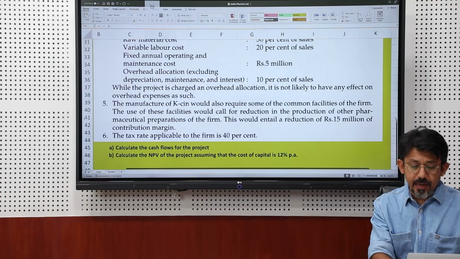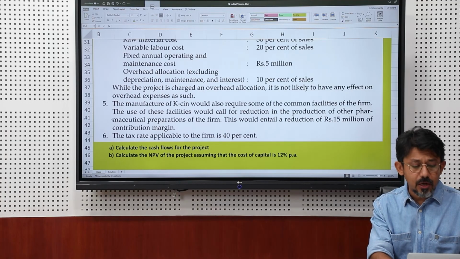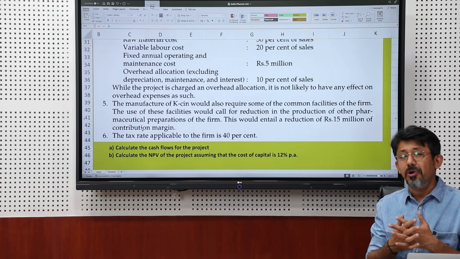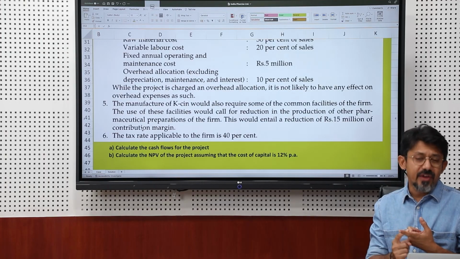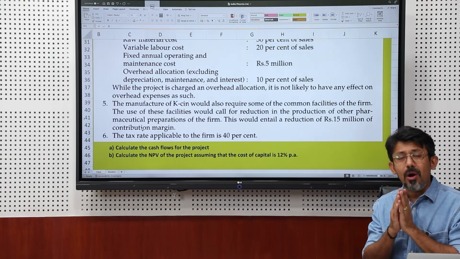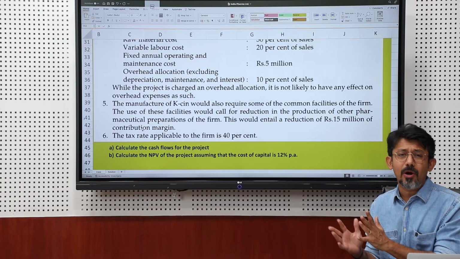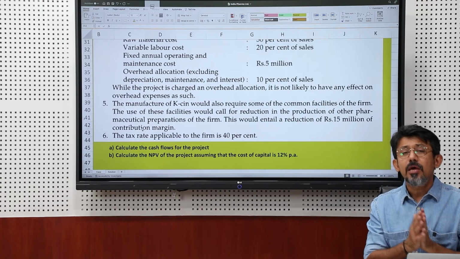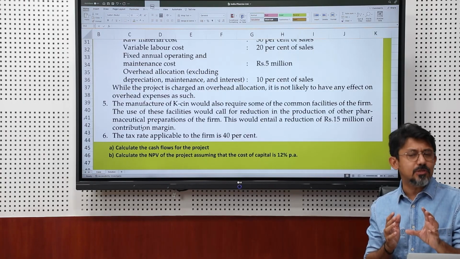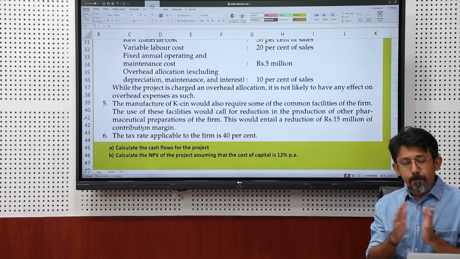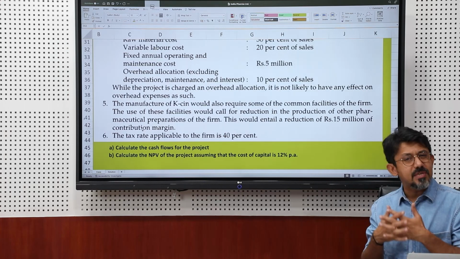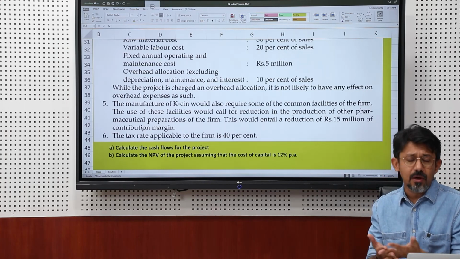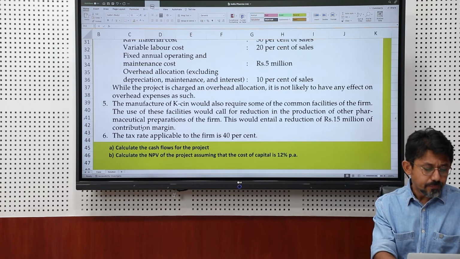And you are told this would entail a reduction of 15 million of contribution margin. Contribution is sales less variable costs. So, you will not end up manufacturing an existing product and you will also not end up selling that existing product. So, essentially sales less its variable manufacturing cost, both would be avoided, which will result in a loss of 15 million every year for the next 5 years.